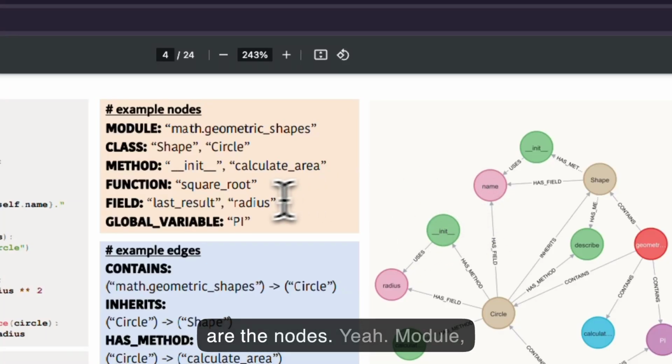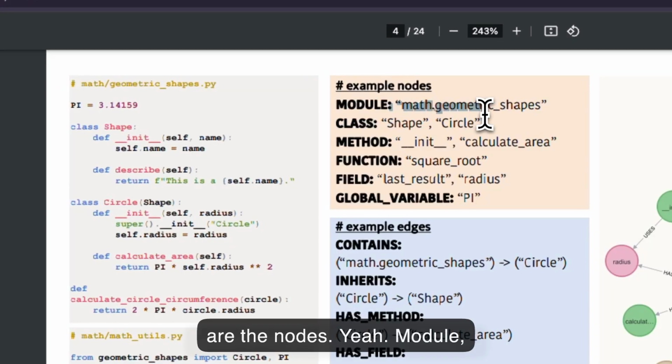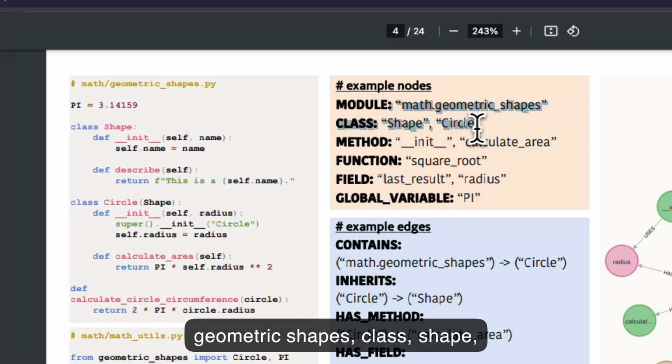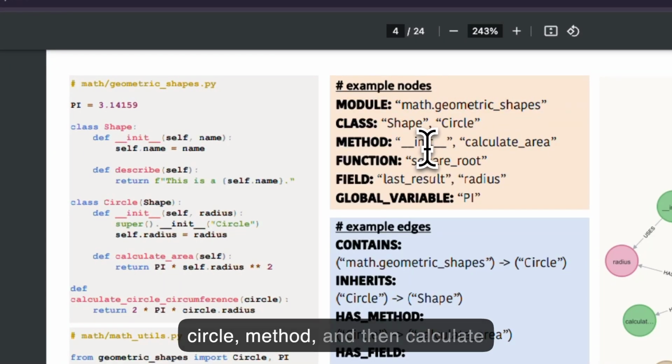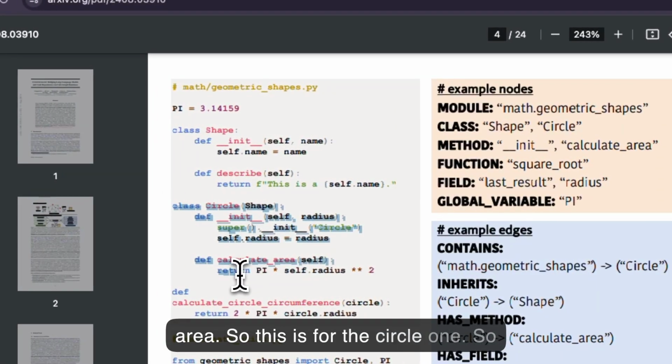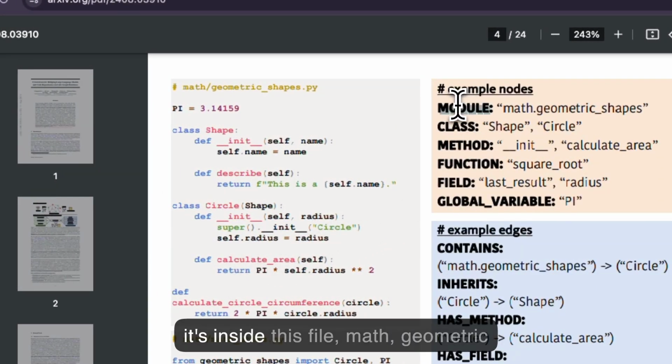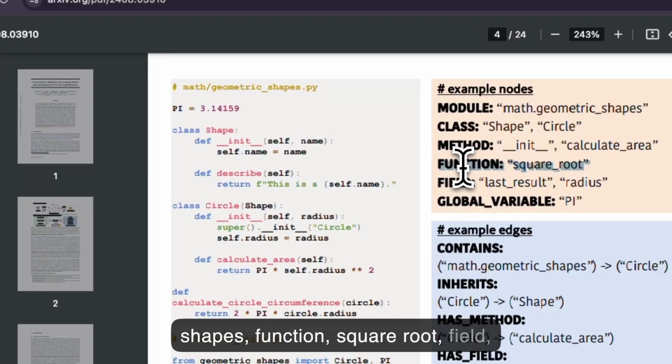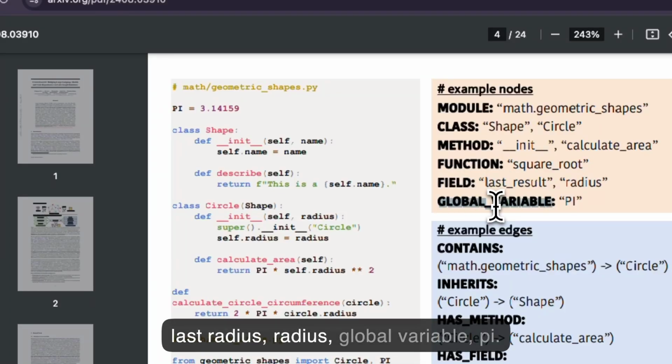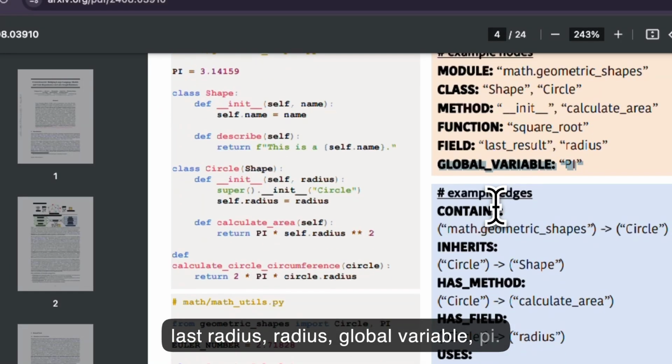I guess these are the nodes, yeah. So module: geometric shapes; class: Shape, Circle; method: init, calculate area. So this is for the Circle one. It's inside this file, math geometric shapes; function: square root; field: last radius; global variable: pi.